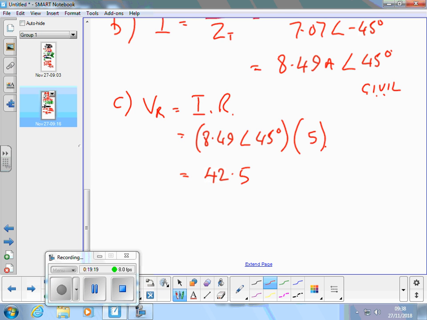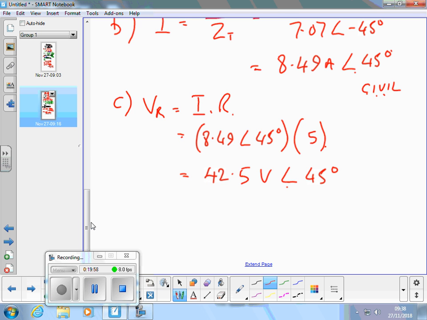It depends on how you've rounded your other figures, and whatever you've got within that is close enough. Volts, angle 45 degrees. And that's resistance, so we've got a voltage that's in phase with the current. They've got the same angle. That's what you would expect. For a resistor, the isolated current and voltage on that component only are going to be in phase with each other, both at 45 degrees.